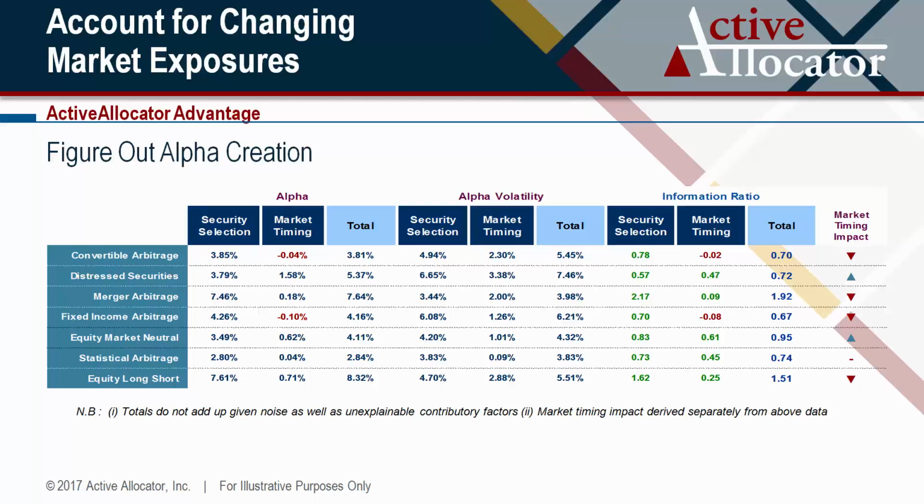Timing alpha, the portion created by proactive variations in market exposure around the passive average exposure over time. If on average the manager increases his exposure to markets when they go up and decreases exposure to these markets when they go down, the fund manager will generate positive returns through market timing.